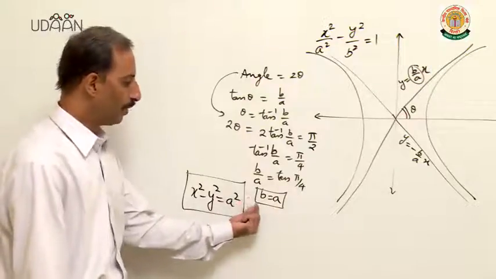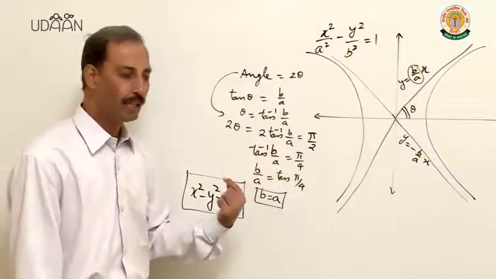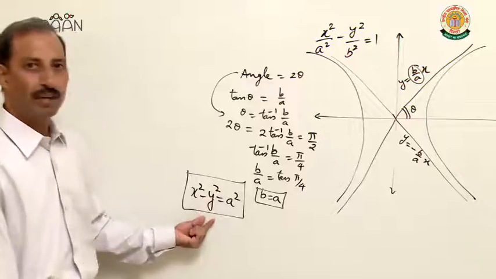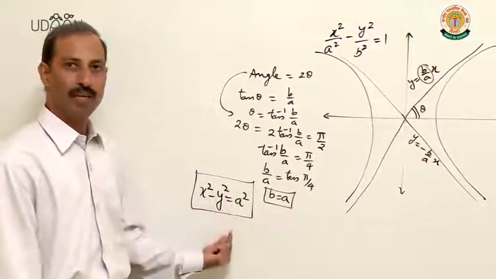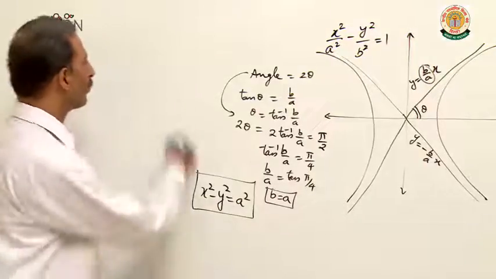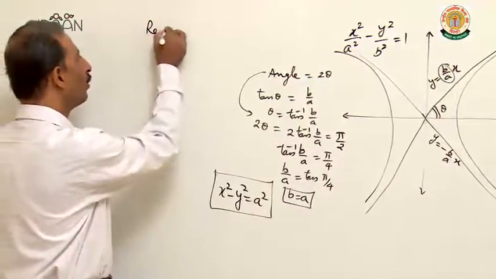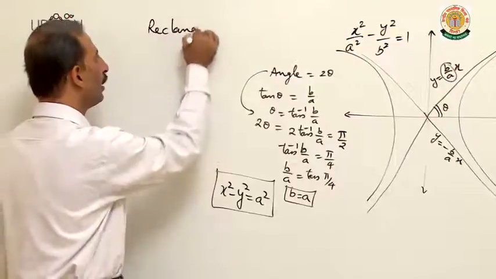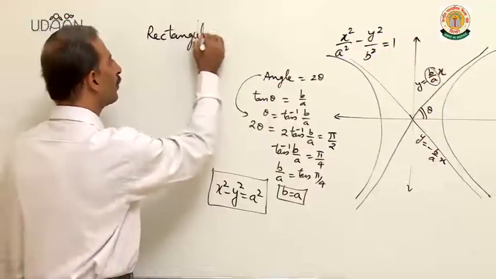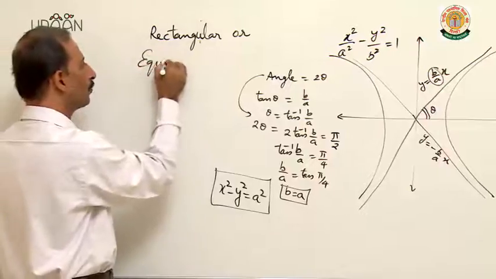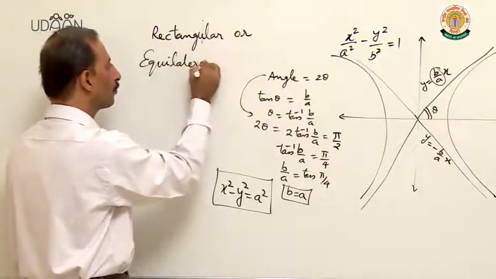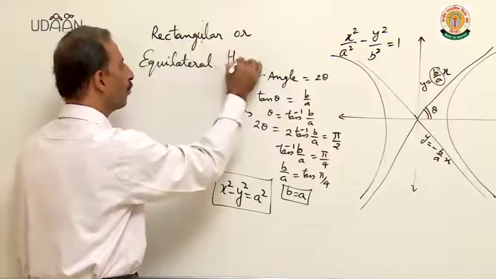So if b is equal to a, then the equation of the rectangular or equilateral hyperbola is x square minus y square is equal to a square. So this is the rectangular or equilateral hyperbola.